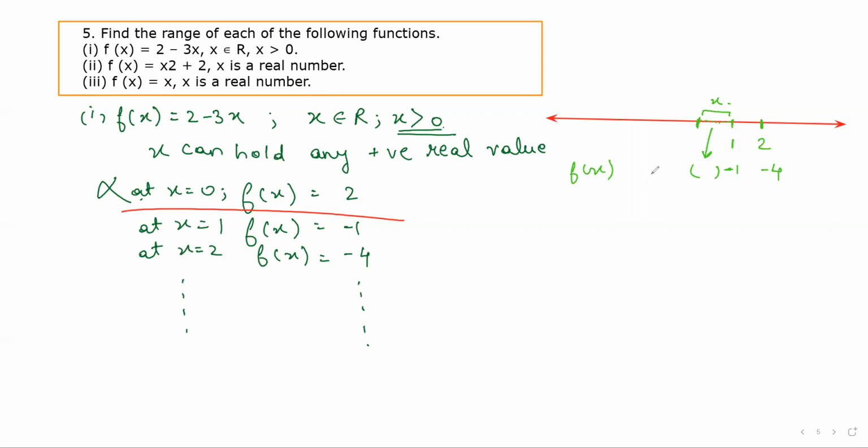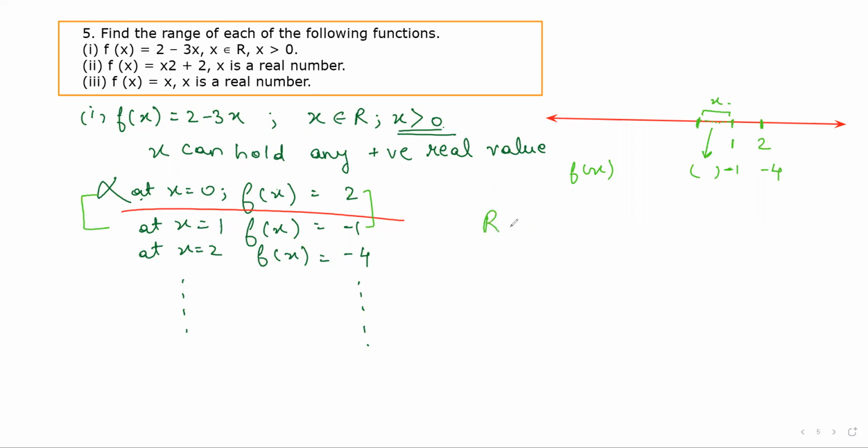Now the question arises, what is the minimum value of f of x that you can get? At x equals 0, f of x is 2. But at any value which is greater than 0, f of x will always be less than 2 because it is approaching -1. So from values between 2 and -1, you will get these values when you place a value between 0 and 1. This is by logic.